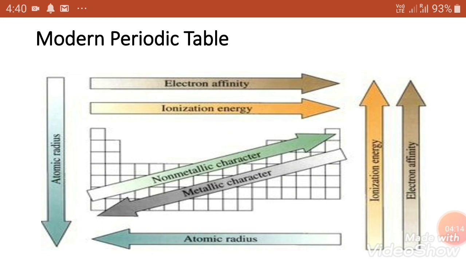Now let's talk about the metallic and non-metallic characters. As we move from bottom left to top right, the non-metallic character increases, and if we move from top right to bottom left, the metallic character increases.